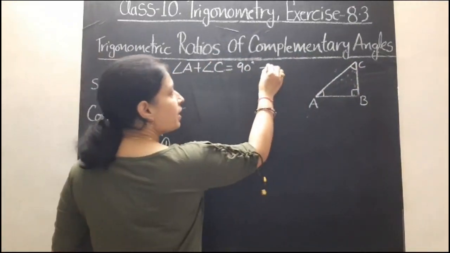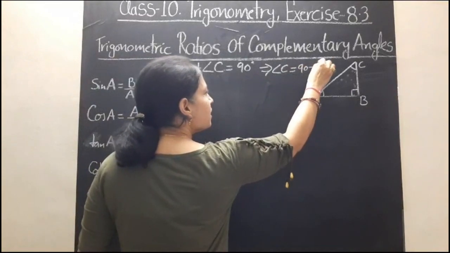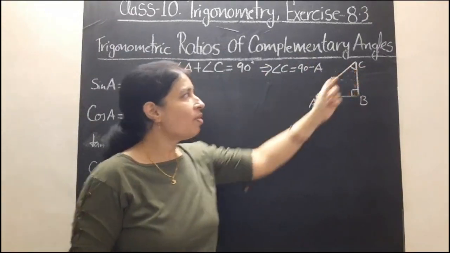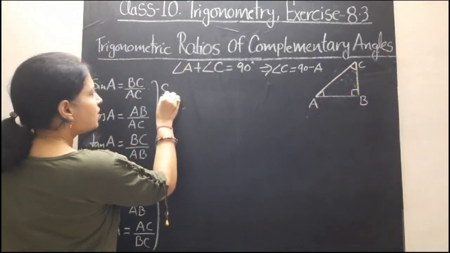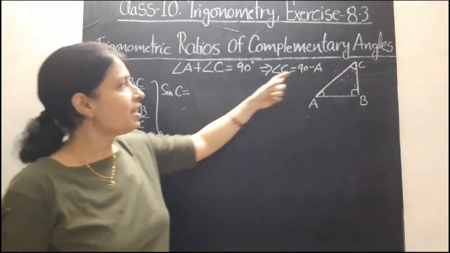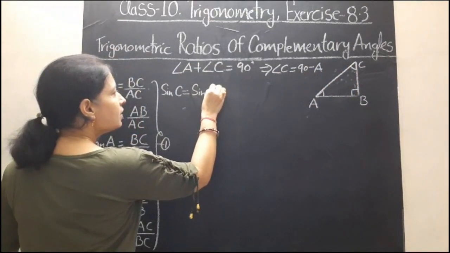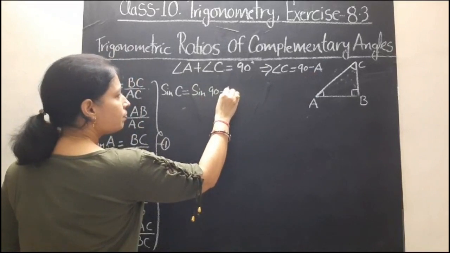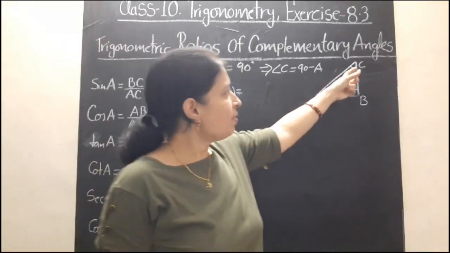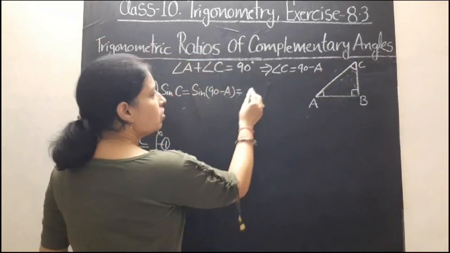So we can write angle C is equal to 90 minus A. So first we find out trigonometric ratios of angle C. First one is sin C. For this angle C we can write sin 90 minus A. So sin C will be perpendicular distance divided by hypotenuse, AB by AC.